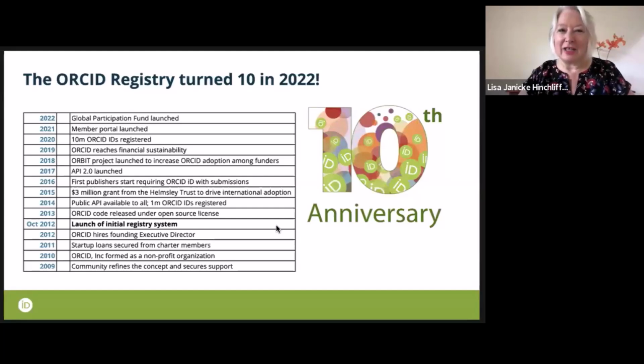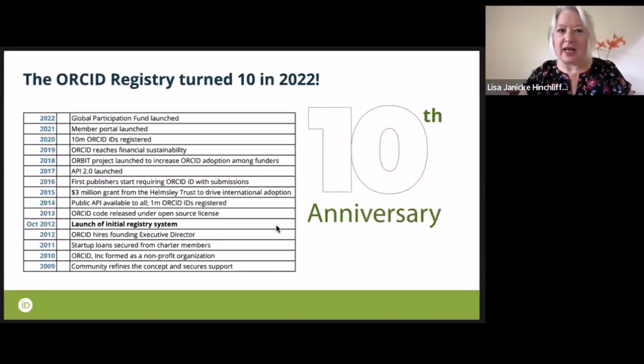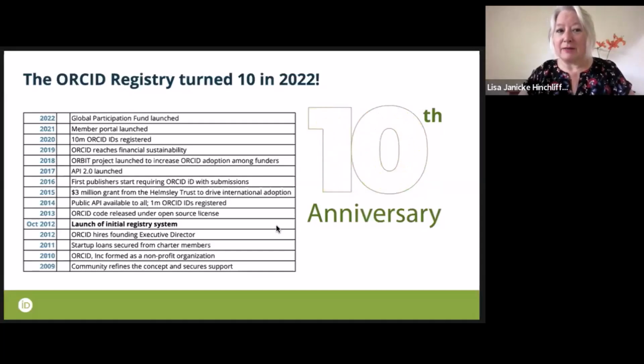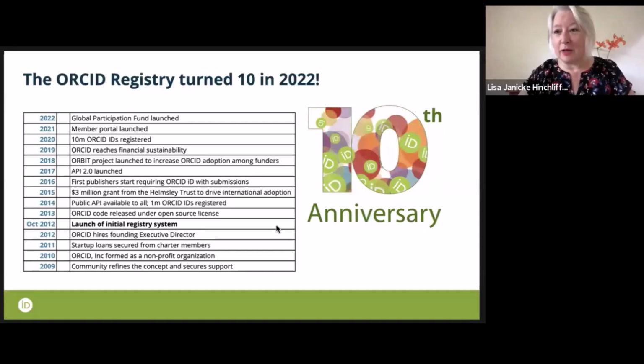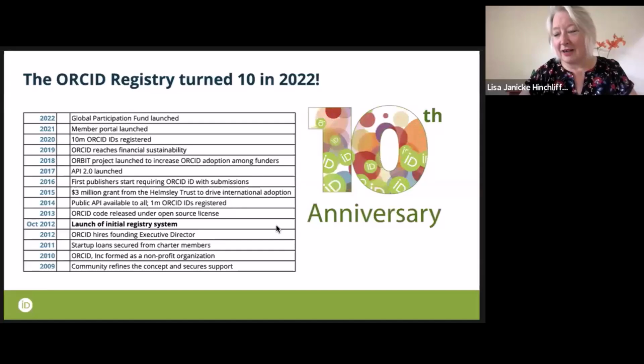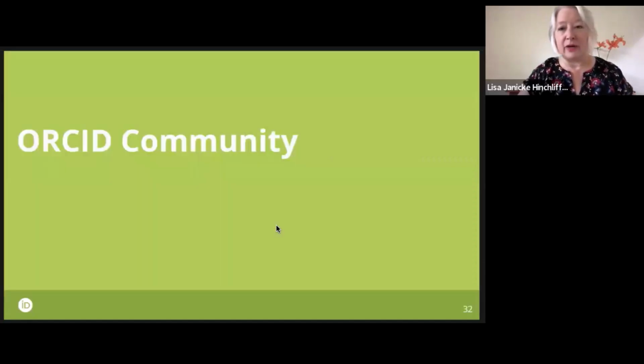And then we had 10 years of very significant growth. We actually reached our 10 millionth ORCID ID after only 8 years. Now, in 10 years, we launched the Global Participation Fund, which is our equity program. And here in 2024, we're about to kick off brainstorming for our next strategic plan and the way that we're going to grow and develop.